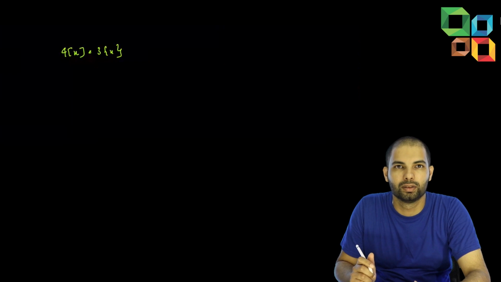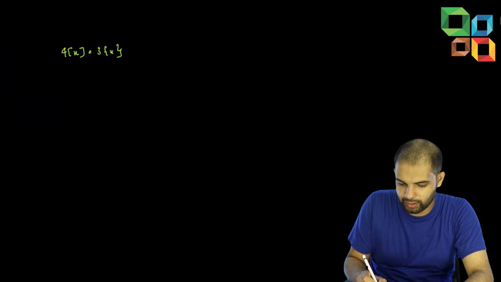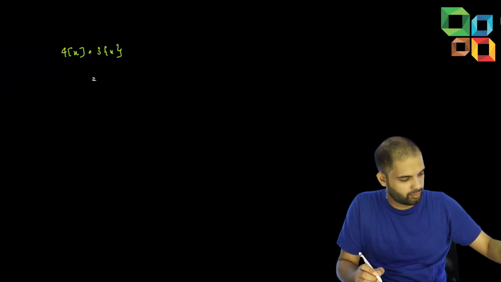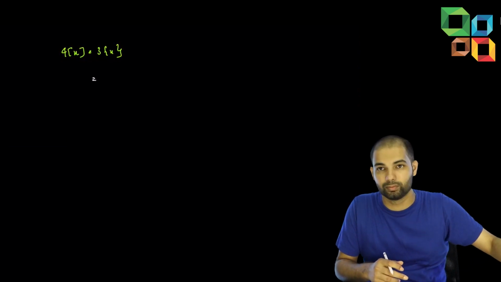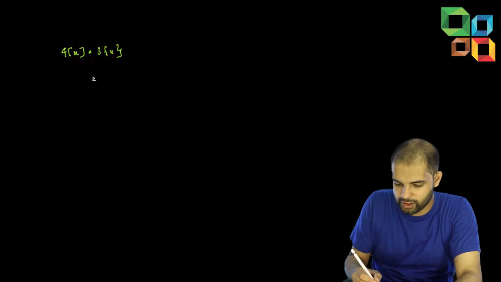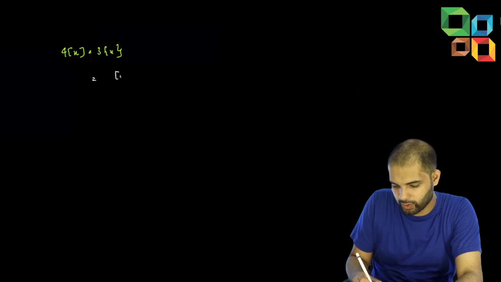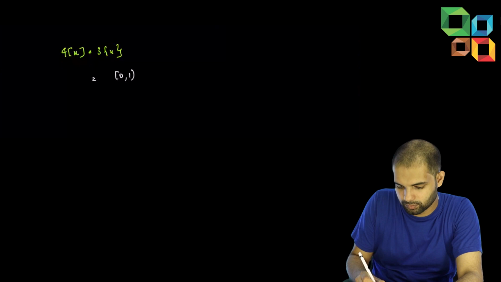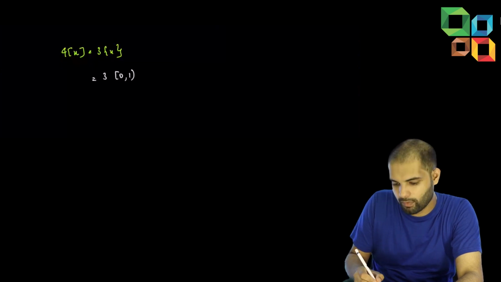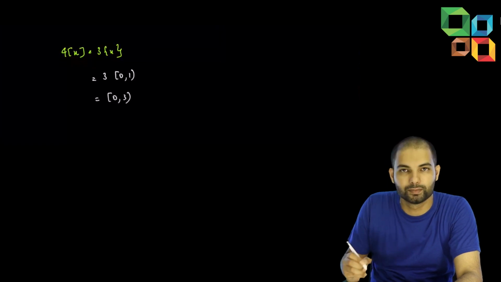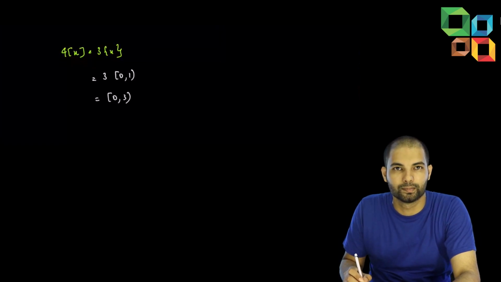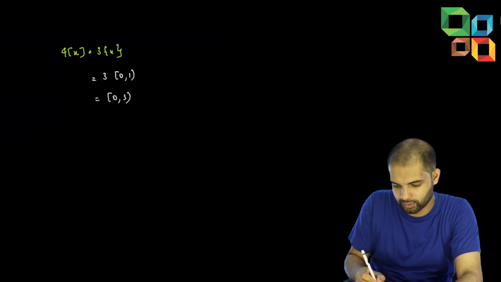So the range of fractional part of x is 0 to 1. The range of fractional part is between 0 and 1. So when we multiply by 3, the range will be from 0 to 3. So the range is 0 to 3. Fine. What next? So the integers in this range are 0, 1, and 2.